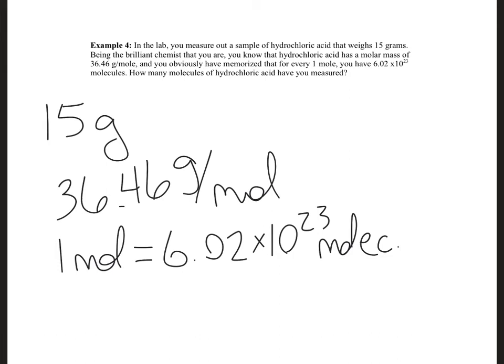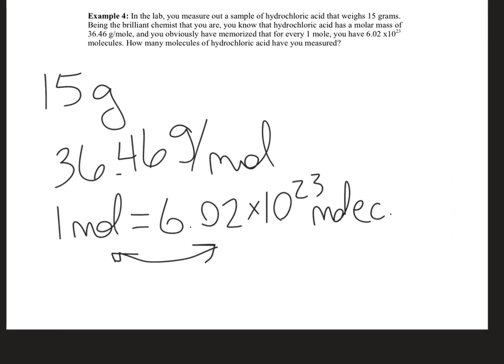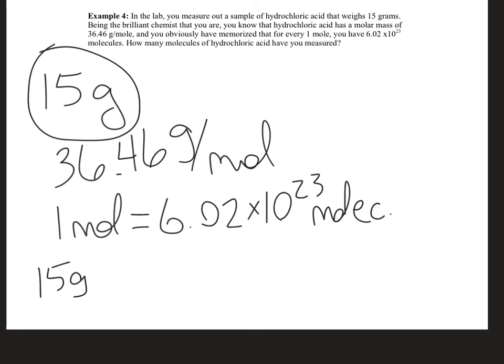Again, looking at my information, 15 grams has 1 unit, 36.46 grams per mole has 2 units, and we have an actually written conversion factor here that's going to let me convert between moles and molecules. So I got 2 units involved there, which means when I start my dimensional analysis, I'm going to start with my simplest piece of information, 15 grams.